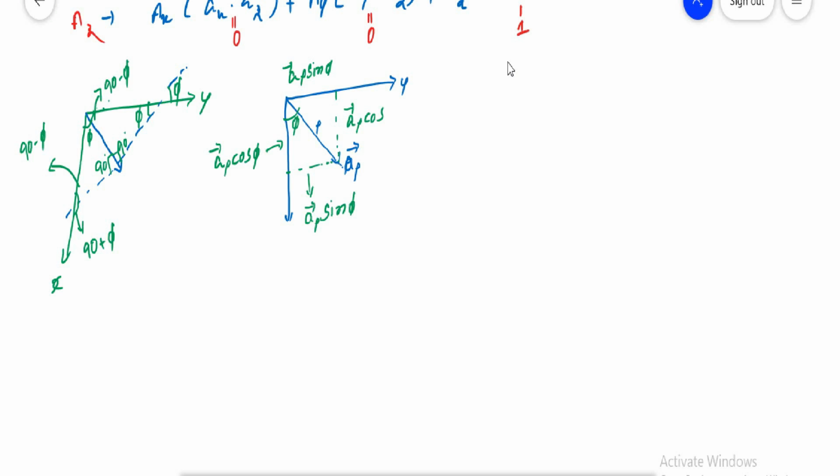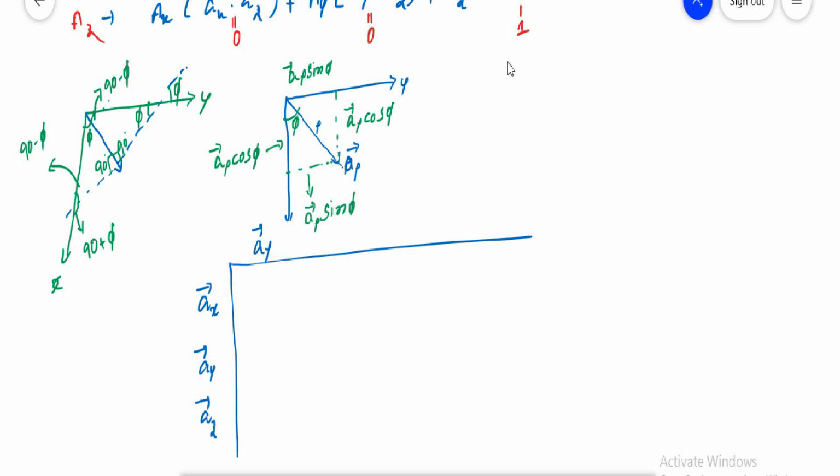So from this we can write a table like AX, AY, AZ, and this is your A rho, A phi, AZ.